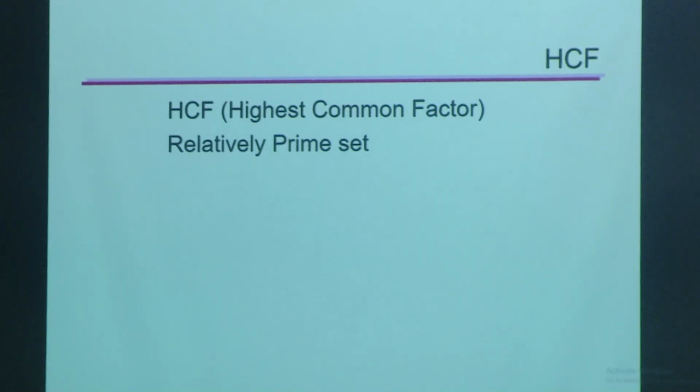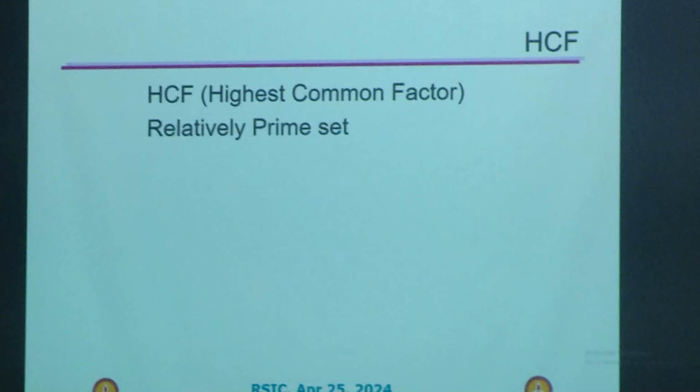Now I have two of them which are consecutive numbers like 32 and 31, or 64 and 63, or 8 and 7.